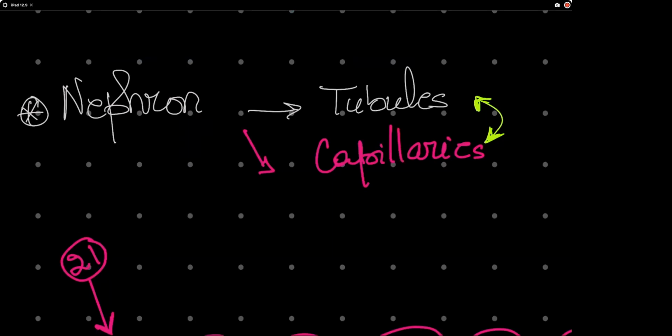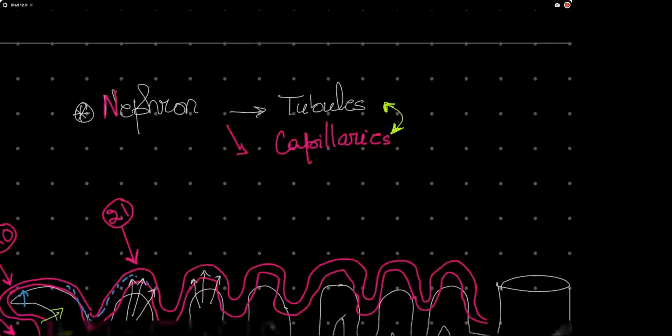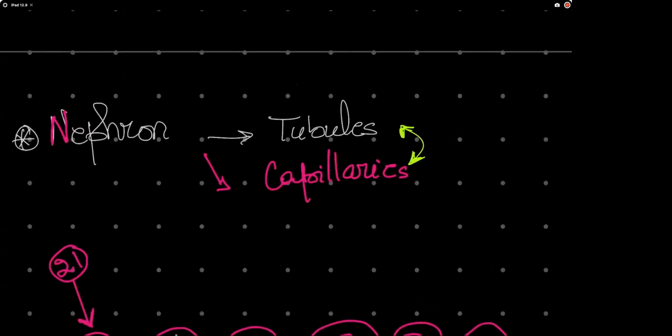And if you remember, the nephrons are the functional units of the kidney. Can you remind me, please, how many nephrons do I have per kidney? I have 1 million nephrons per kidney.